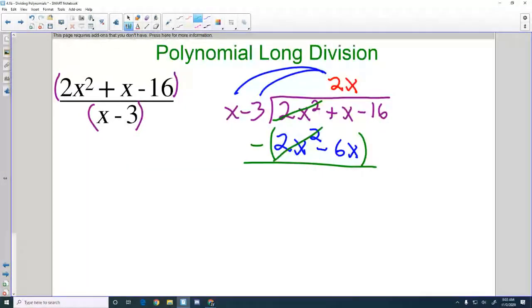If they don't cancel out, go back and try to get that term up top again, that 2x. Now here's where we've got to be careful. For that second term, we've got x minus a negative 6x, which is actually x plus 6x, because I'm subtracting a negative. I'm distributing that negative sign. So it's x plus 6x, which gives me 7x.